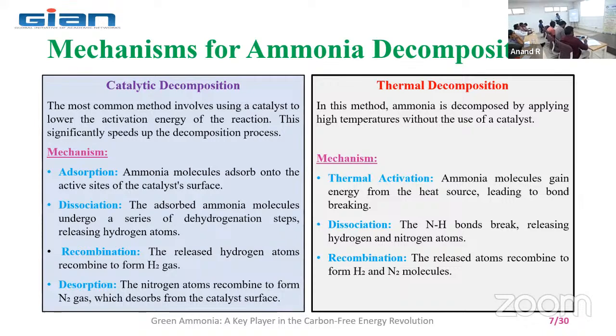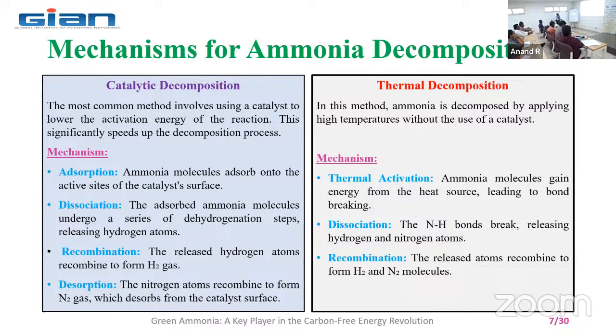So, the mechanism for ammonia decomposition: thermal decomposition and catalytic decomposition. In thermal decomposition, ammonia molecules gain energy from a heat source, leading to bond breaking. Whatever the amount of energy, how much temperature you need in the reactor to break the ammonia into nitrogen, the heat source you need to decide.